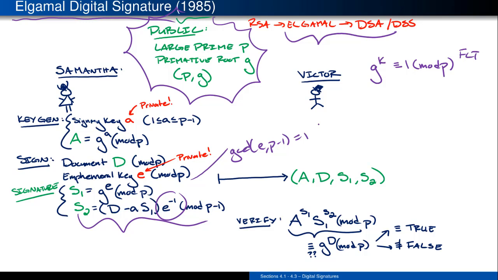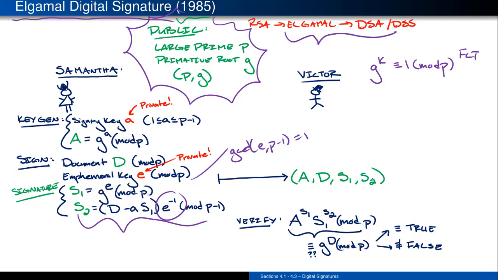Then we can assume the role of Victor and begin the verification process. The verification process is a little bit more involved than it was before. You have to think about everything that Victor knows about. Victor knows the A, that first part from Samantha's key. He knows the document D, whatever Sam or Samantha wants to present.